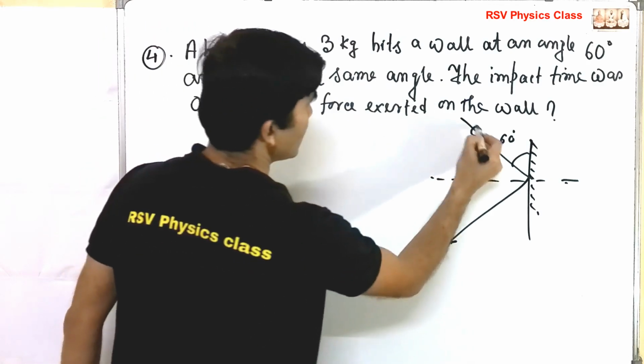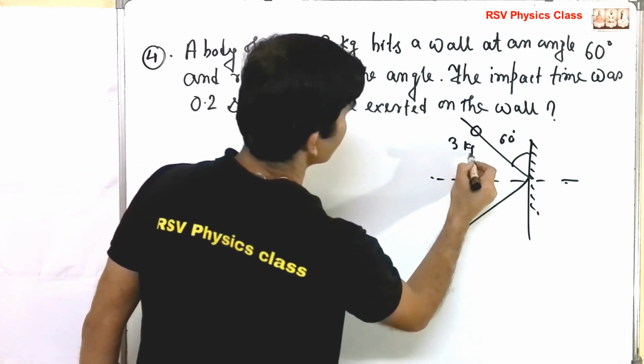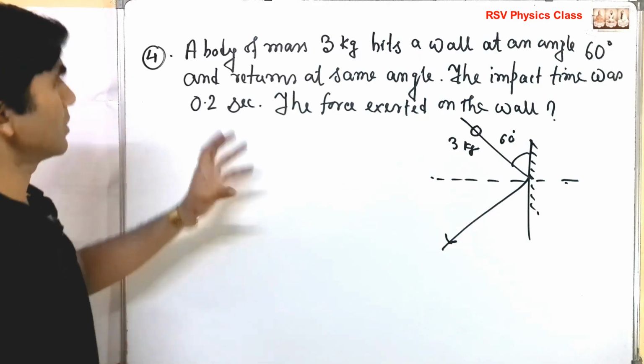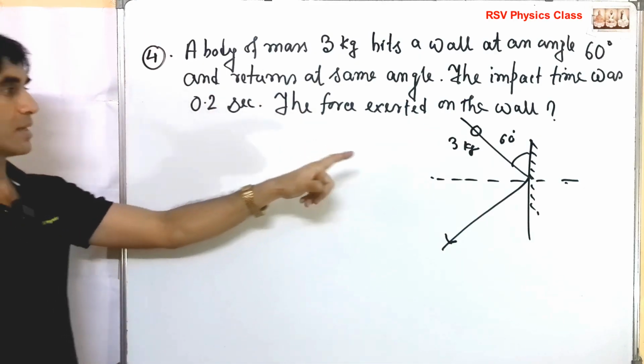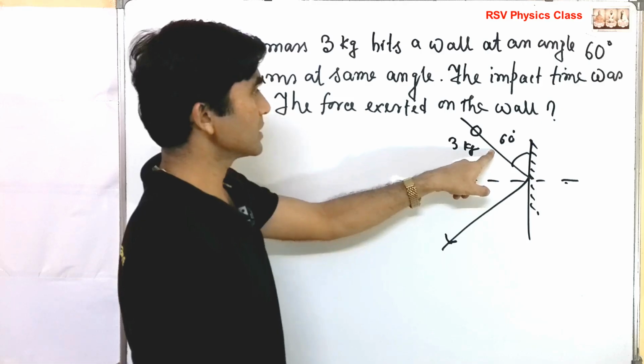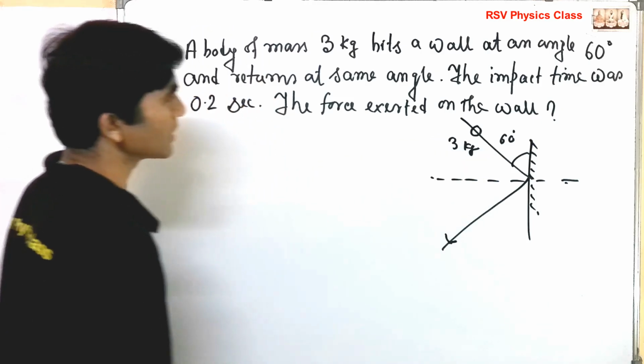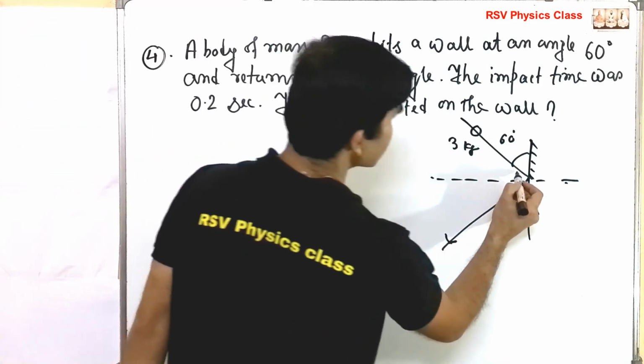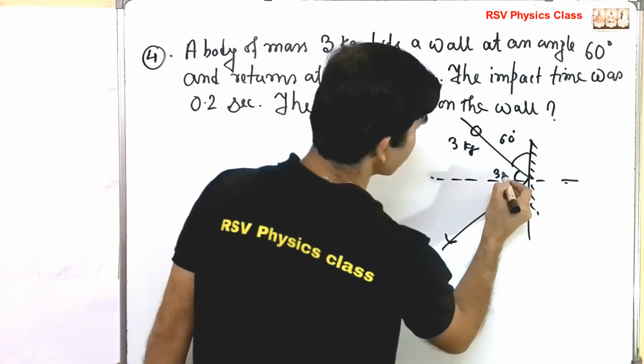So this is the ball of 3 kg, some mass m. See, what is the initial speed? So this angle is how much? 30 degree.